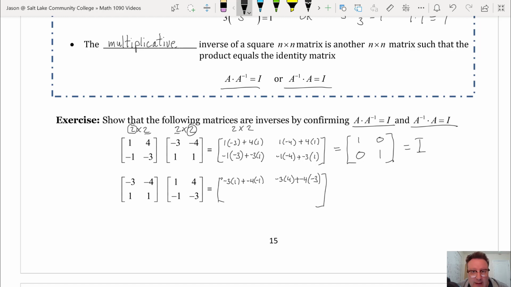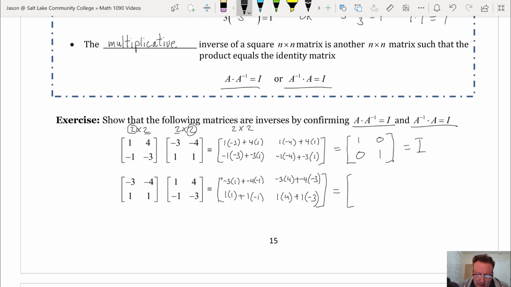Okay, and now I'm going to take the second row from the matrix on the left, dotted with the first column of the matrix on the right, and I get 1 times 1 plus 1 times -1. And then second row and second column, I get 1 times 4 plus 1 times -3.